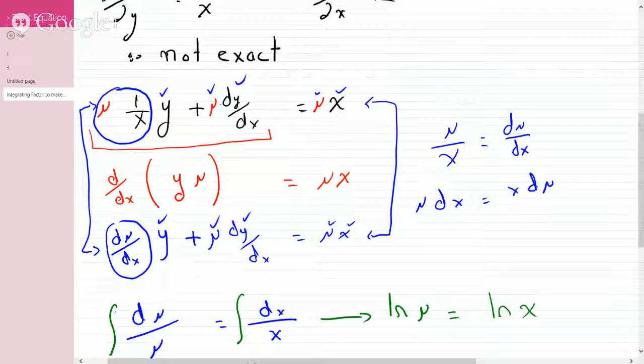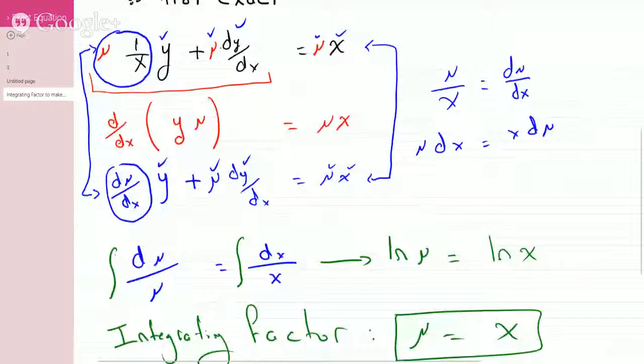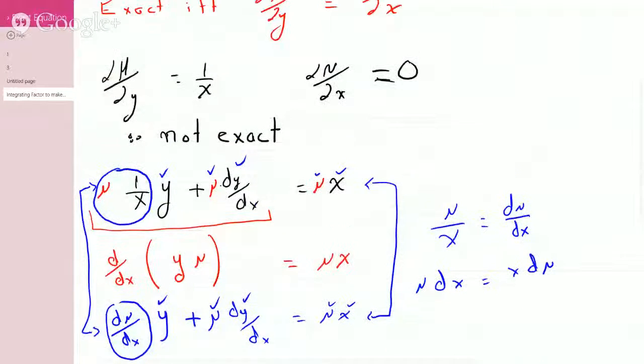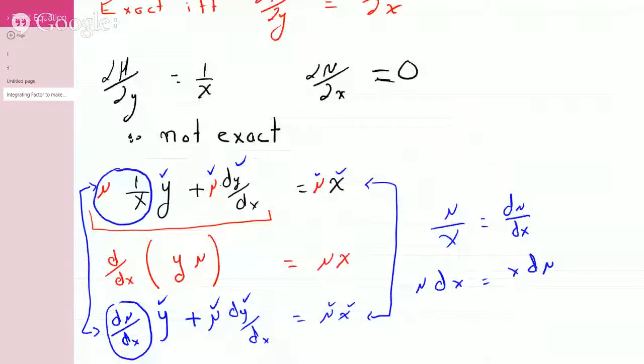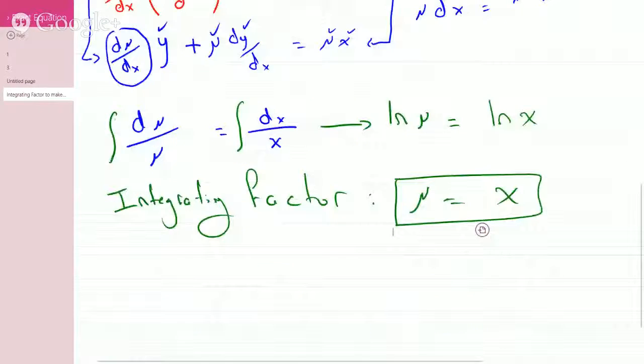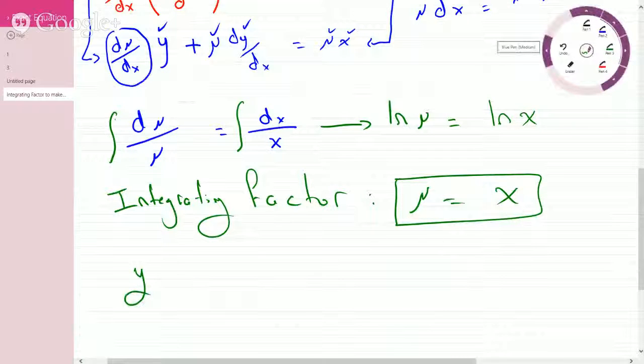We multiply the entire equation by mu. So then we will get, when we multiply equation star by mu, 1 over x times x will give us y. Let's use another color here.